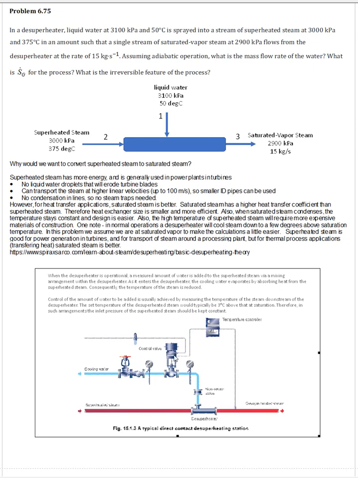There's a control valve on this cooling water, and so the flow rate of the cooling water is going to be controlled because there will be a temperature sensor here that's measuring the temperature of the steam. You want it to be about 3-4 degrees above saturation temperature, and there will probably also be a pressure sensor as well.